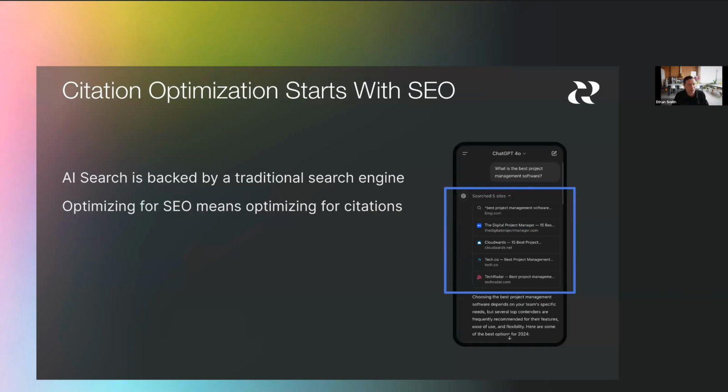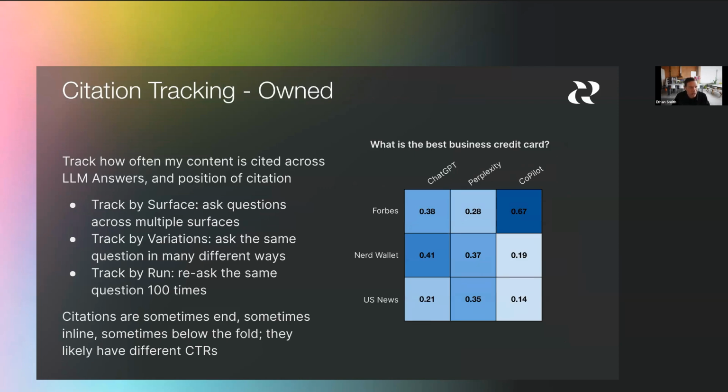And if we go to the next slide, we can look. That's similar to the question tracking. It's a share of. Similarly here, it'll be a distribution. Across ChatGPT and Perplexity and Copilot, Forbes and NerdWallet showed up at some sort of frequency. I can re-ask the question many different times.